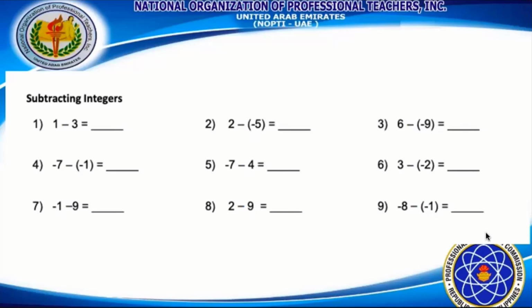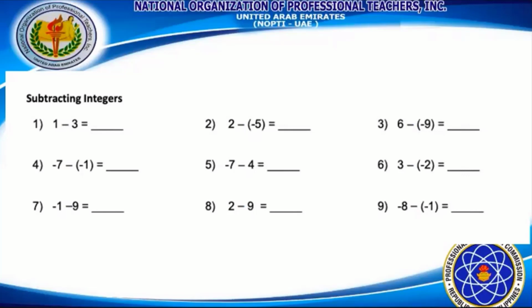So, anong sagot mo sa number 9? 7, sir? Negative 7. Okay, negative 7. Kasi palitan ito ng positive, then proceed to addition. Negative 7. Okay. 9 over 9.